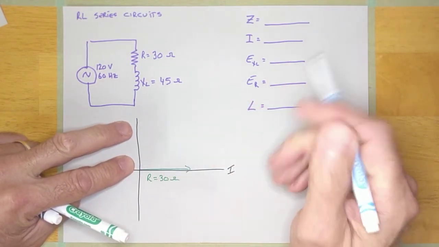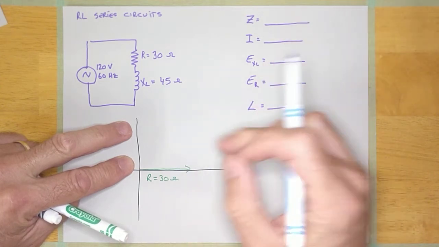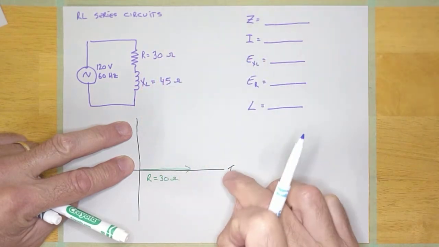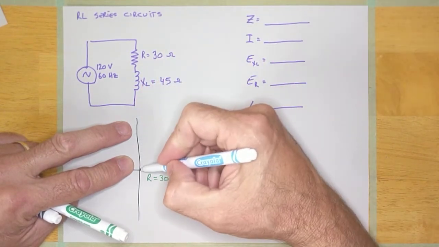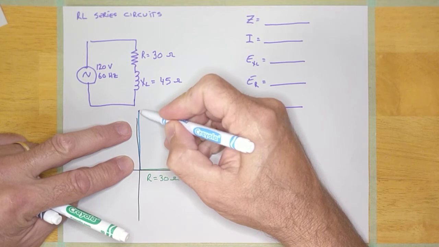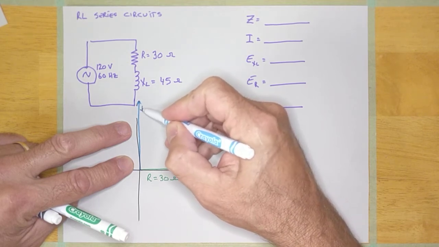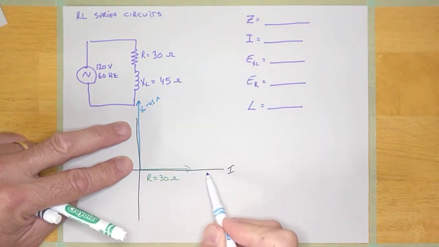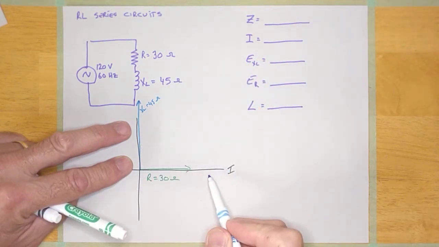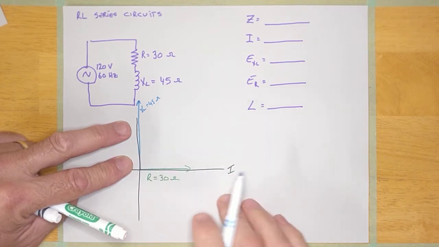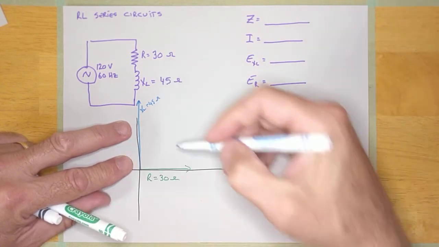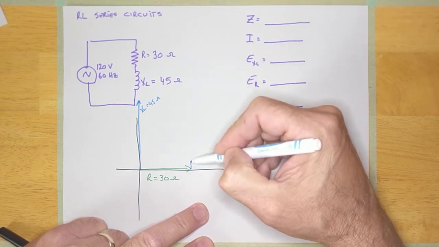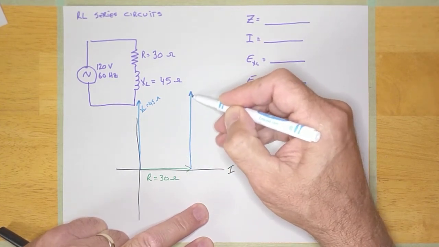We know that lagging phasors are always drawn clockwise, but it doesn't lag. It causes the current to lag. So if I draw that 45 ohms right up here, XL is equal to 45 ohms, that is drawn so that the current is clockwise by 90, or the current is lagging by 90. All right, guys? And if we're going to do that, I got to move it tip to tail. Okay, so that's where it sits right there.